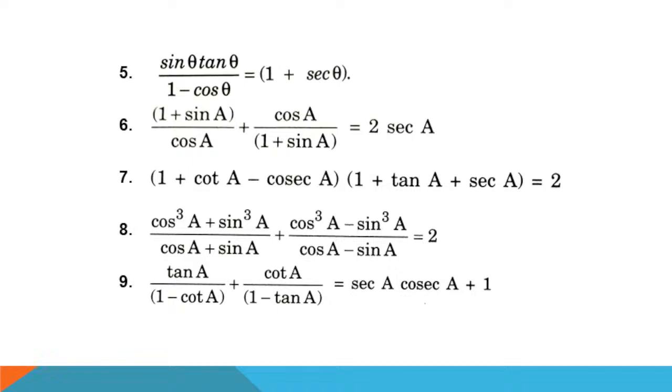What is number 5? Sin theta into tan theta by 1 minus cos theta equals 1 plus sec theta.